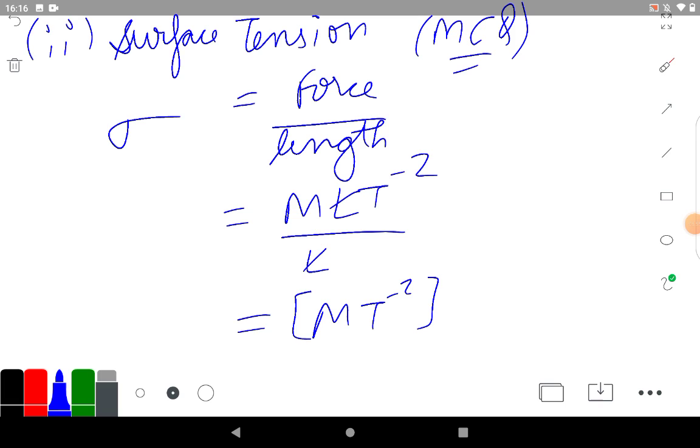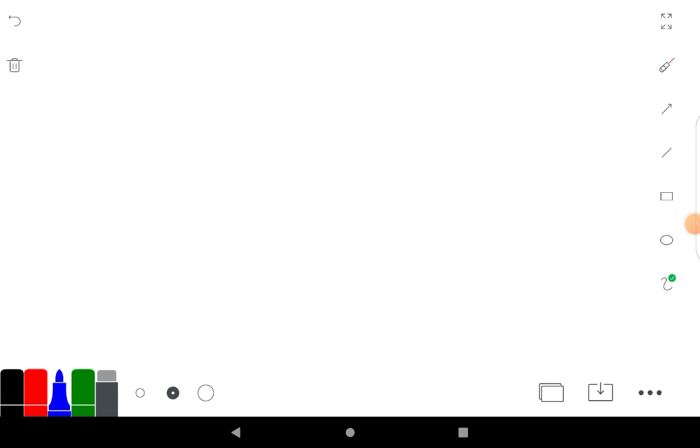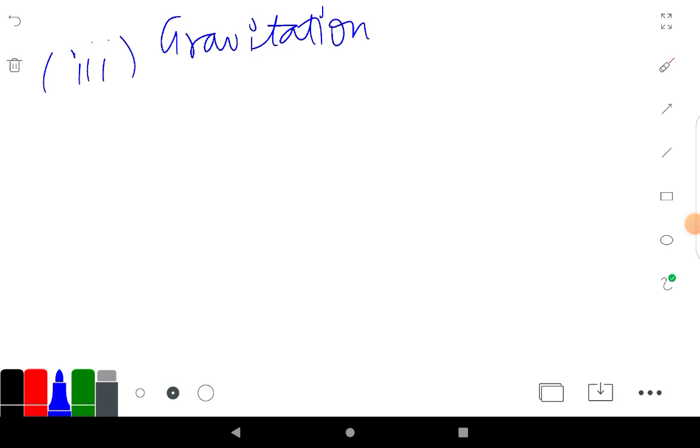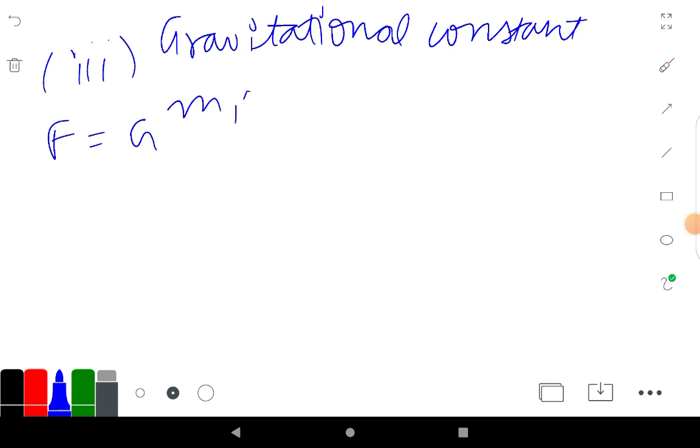Then moving on to the third, we have to find the dimensional formula for the gravitational constant. What is the formula for the gravitational constant? We know force is equal to capital G m1 m2 upon r square.